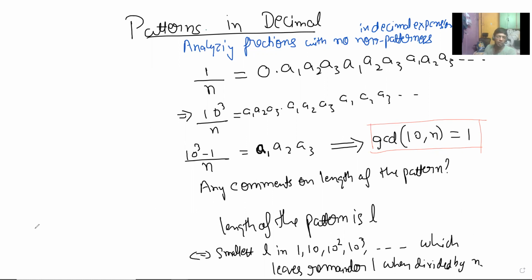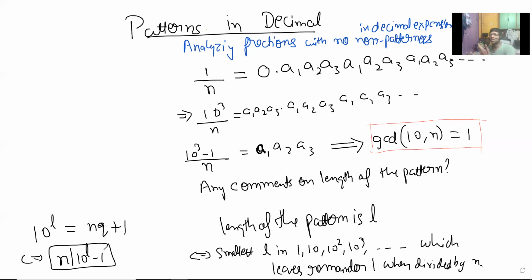Yeah, the smallest L that leaves remainder 1 when divided by n. This is the same thing as saying that n divides 10 to the power L minus 1, which is the same as saying that 10 to the power L leaves a remainder of 1 when divided by n.